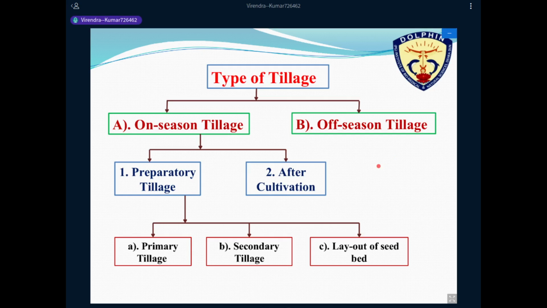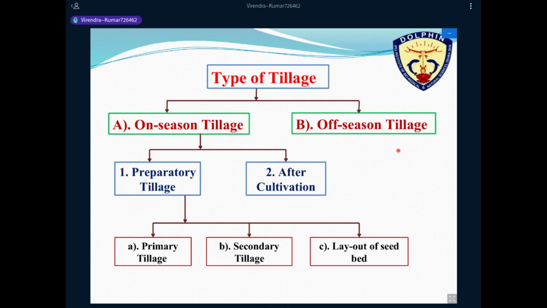And off-season tillage practices, as the name shows, off-season tillage means this type of tillage practice is mostly conducted at the time when we are not taking any type of crop, or you can say in the uncropped seasons. Off-season tillage is also called summer season tillage or fallow tillage.